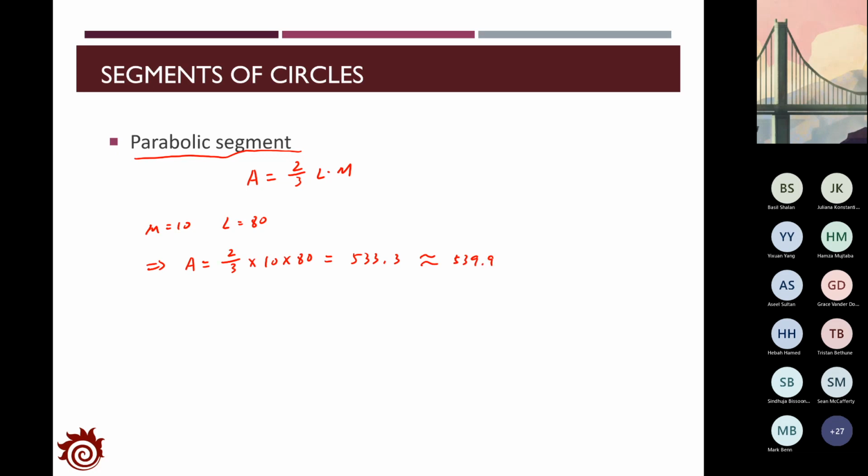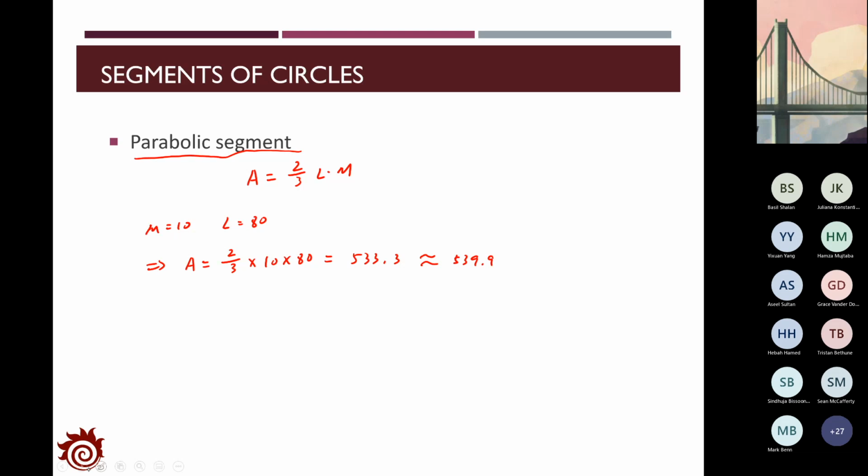So if you don't want to apply the complicated calculation, the parabolic segment approximation can also be applied, and you can easily get the result quickly by only knowing the length of the chord and the offset from the midpoint of the curve to the midpoint of the chord.